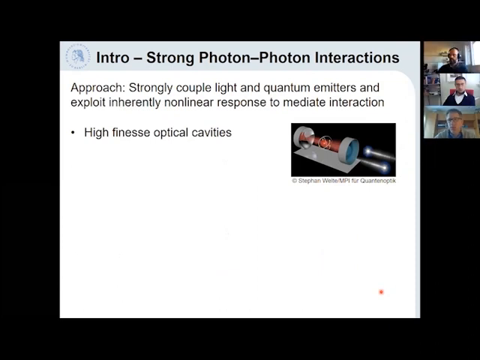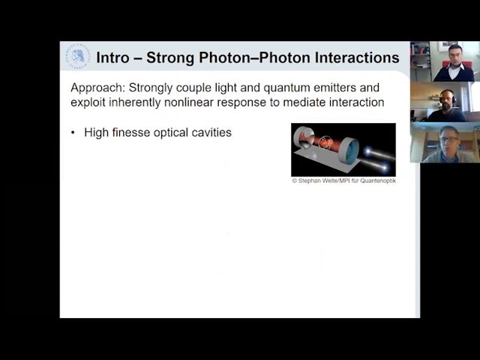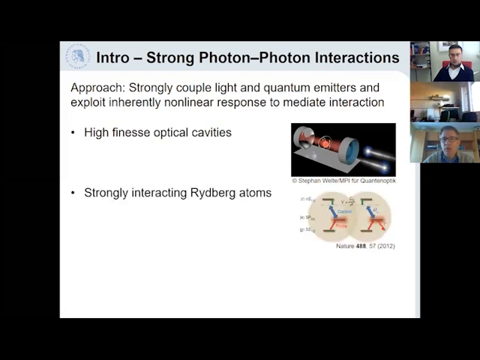And this can be achieved, for example, by recycling the light many times in high finesse optical cavities where the quantum emitter is placed inside the mode of the cavity. It can also be achieved by mediating the photon-photon interaction via a strong interaction between Rydberg atoms, highly excited atoms.